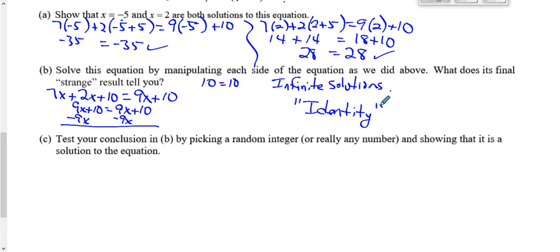It's an identity equation. And then they want us to test. I'm not going to waste time with C. Plugging anything in there will cause it to be true. Okay, we're not going to have time to get to the Regis questions, but you can do the homework. And somebody remind me tomorrow we have to do the Regis questions here.